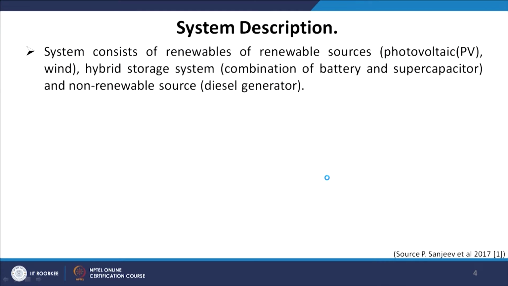The system description: the system consists of renewable energy sources, that is PV or wind, hybrid storage systems, that is a combination of battery and supercapacitor, and non-renewable energy sources such as a diesel generator.